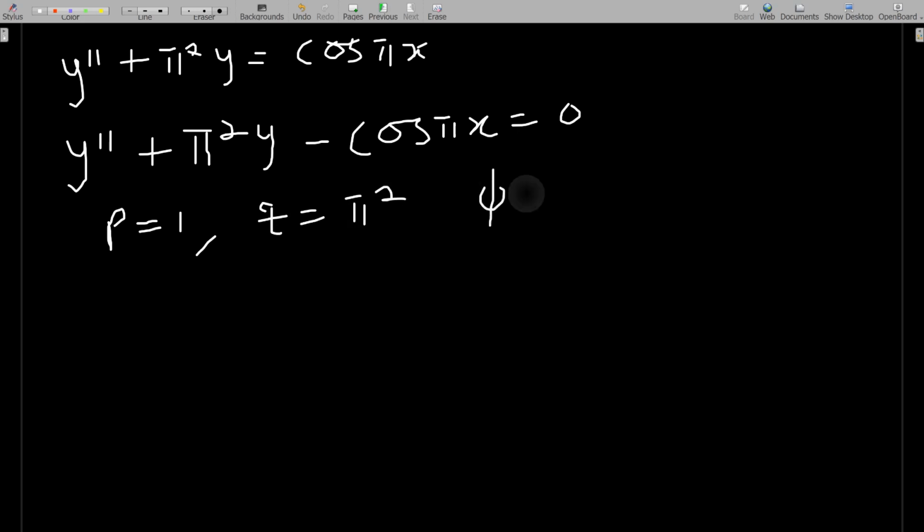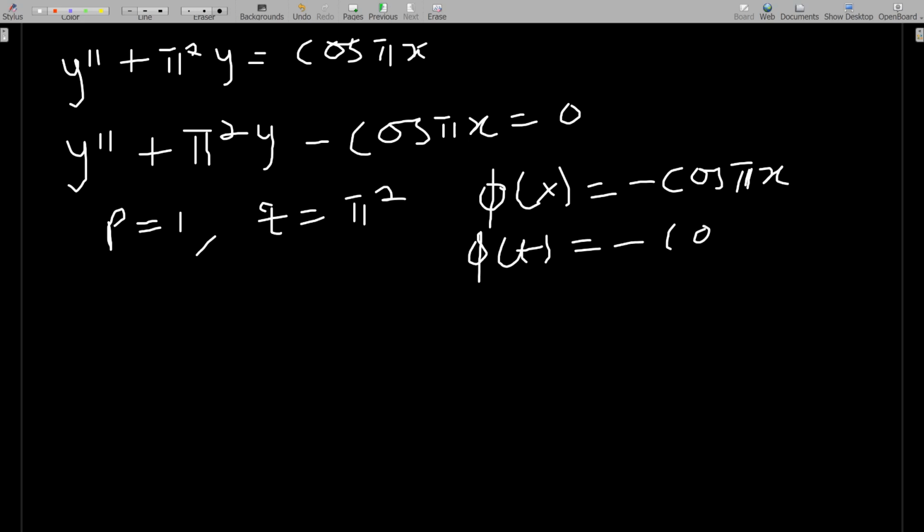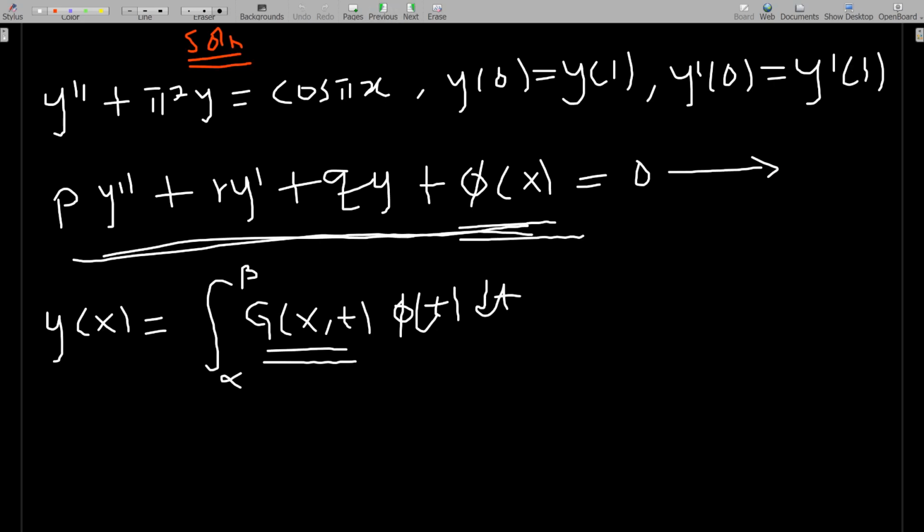Then my phi of x is equal to minus cos pi x, which means phi of t would be equal to minus cos pi t. And we know the boundary is from 0 to 1, because all the conditions were defined for 0 and 1.